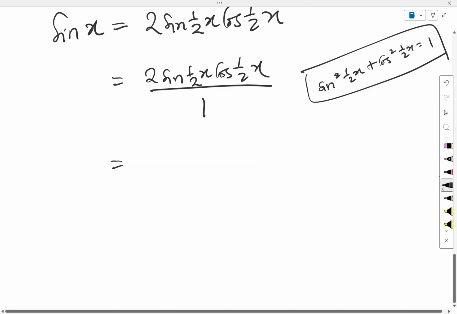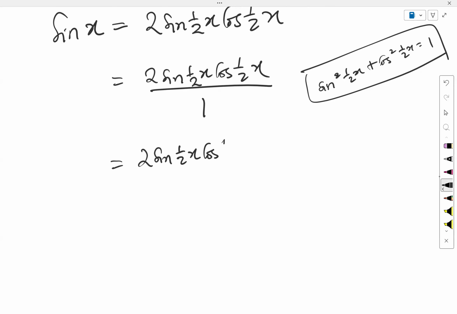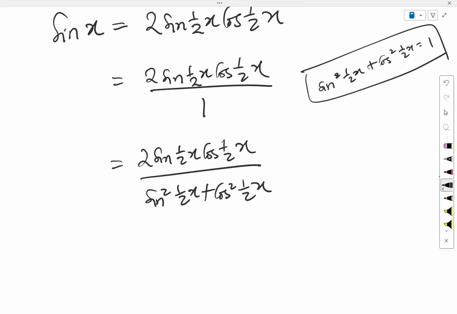So this 1 can be replaced by that expression. So we have 2 sine half x cos half x divided by sine squared half x plus cos squared half x.